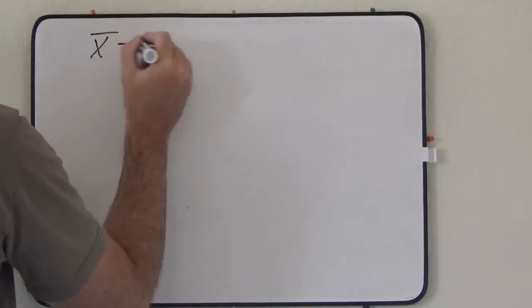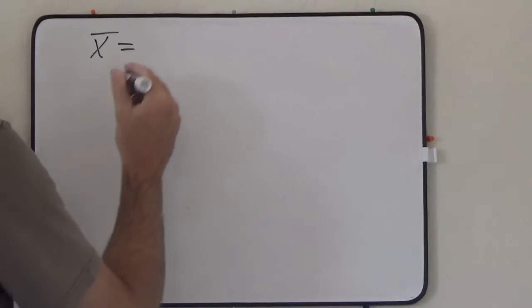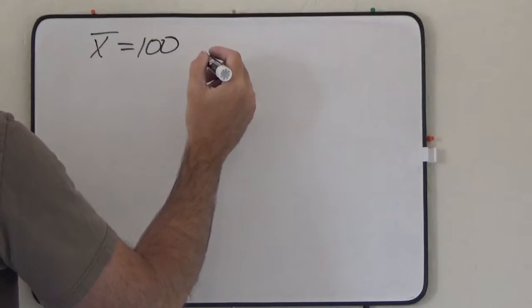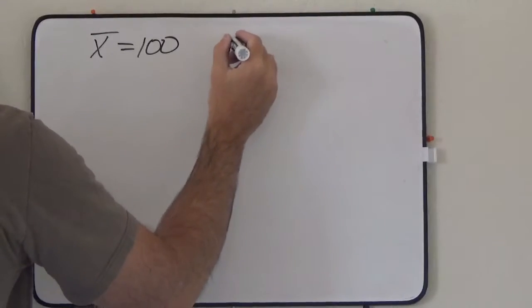Now, this is their test scores. The mean test score, I'm going to use this symbol for mean because we haven't been using it a whole lot, but we'll just say that the mean is 100 and that the standard deviation is 15.